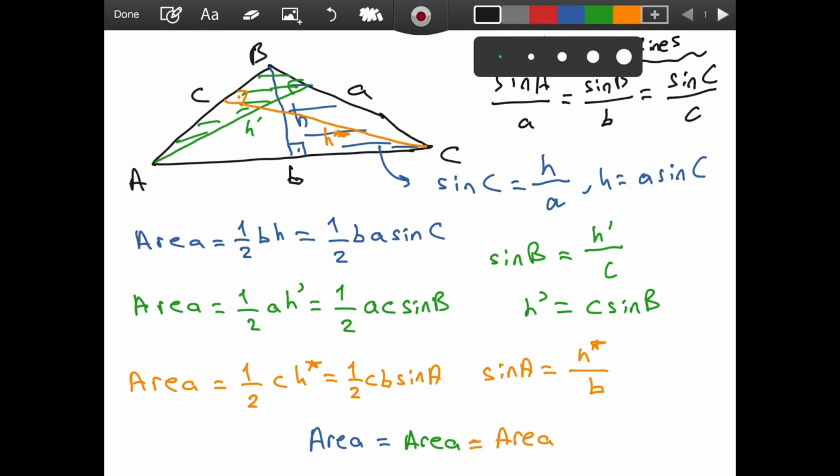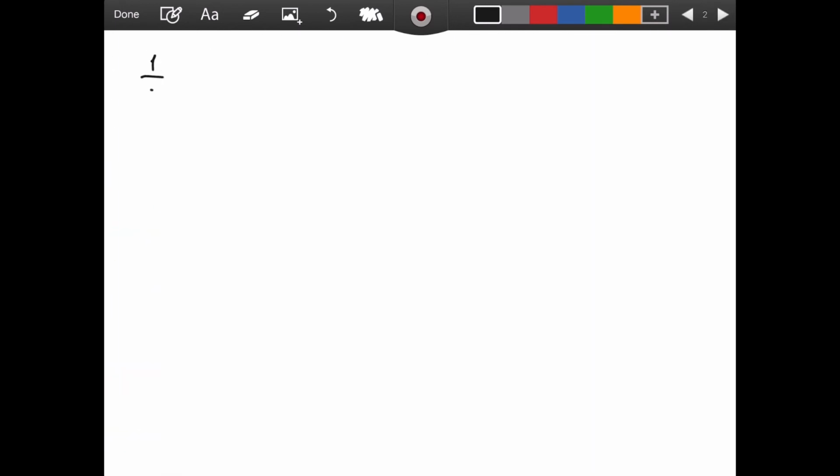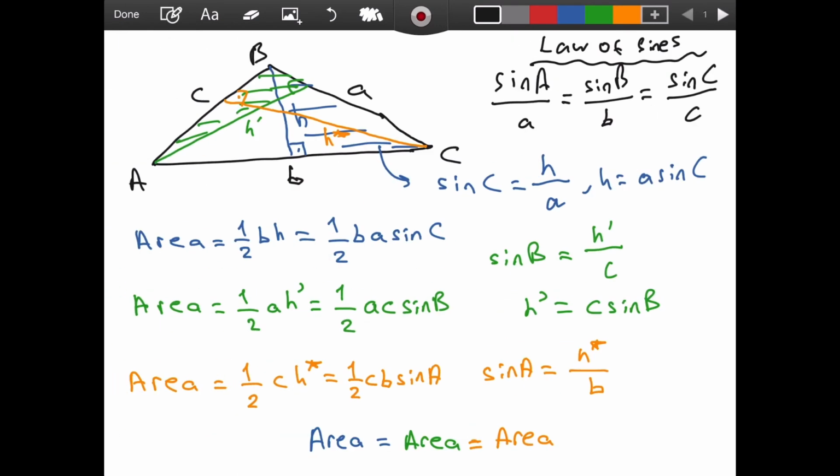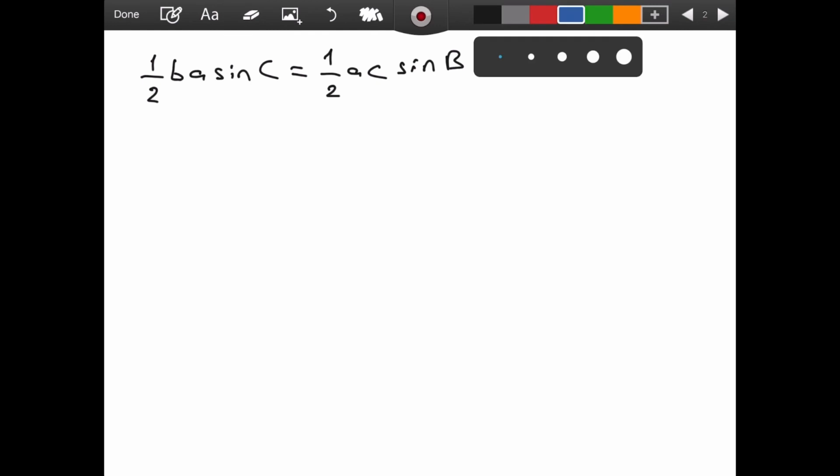For the blue area, we have 1 over 2 times b times a sine of C. This is equal to, maybe we want to consider it with the green area, 1 over 2 a c sine of B. If we do some cancellations, the 1 over 2's and a's cancel.